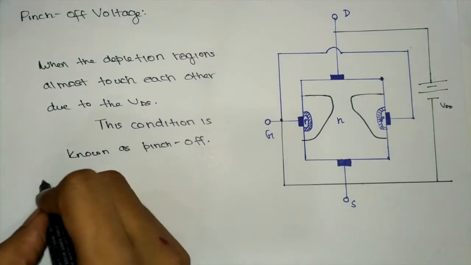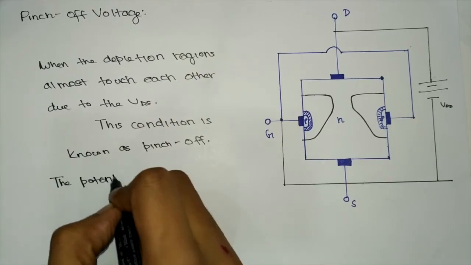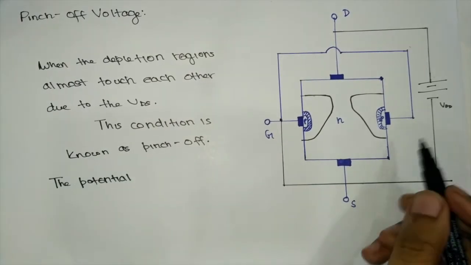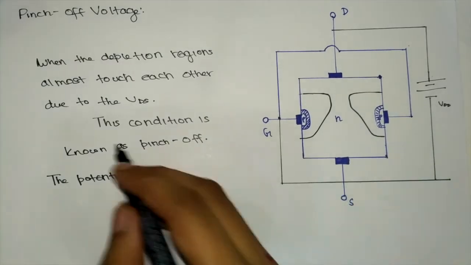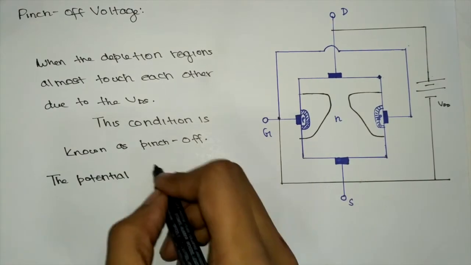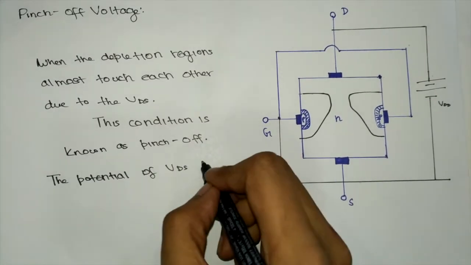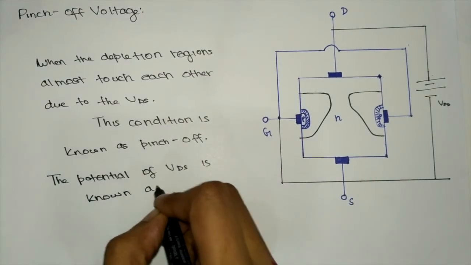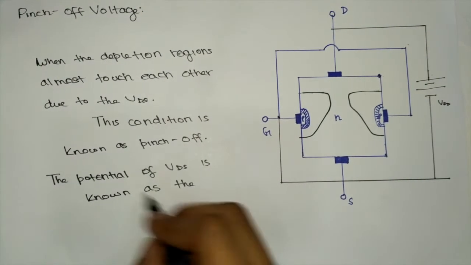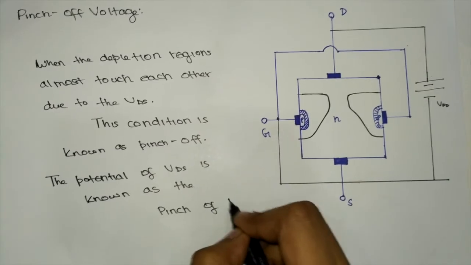And the potential of VDS at which this condition occurs is known as the pinch off voltage.